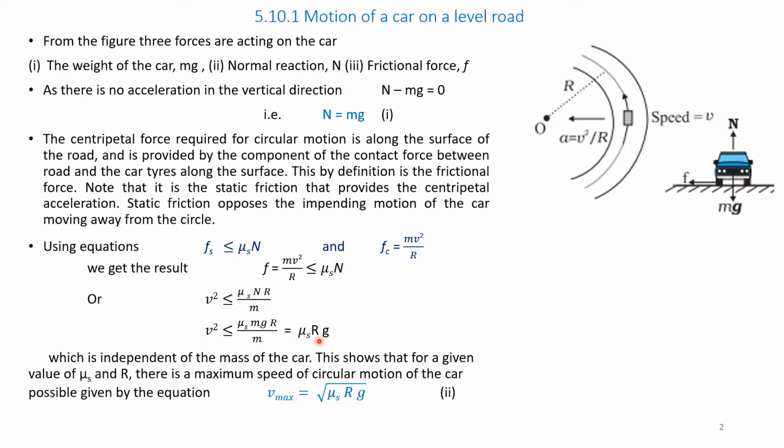See, there is no factor of m in this velocity equation. This shows that for a given value of mu s, the coefficient of static friction, and radius of the circle, there is a maximum speed of circular motion of the car, given by v max equal to square root of mu s r g. Let this be equation 2.